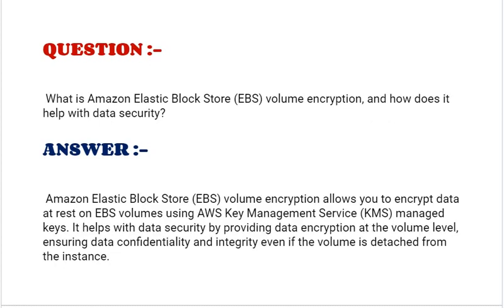Our next interview question is: what is Amazon Elastic Block Store (EBS) volume encryption and how does it help with data security? Your answer should be: Amazon EBS volume encryption allows you to encrypt data at rest on EBS volumes using AWS Key Management Service (KMS) managed keys.